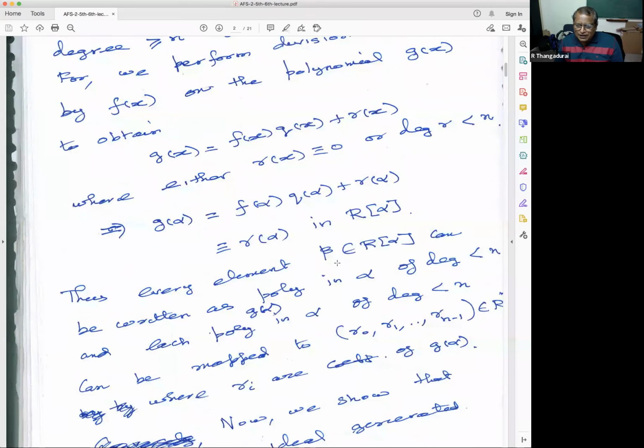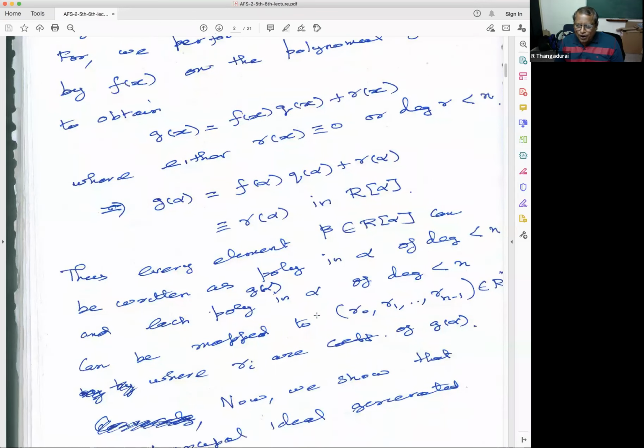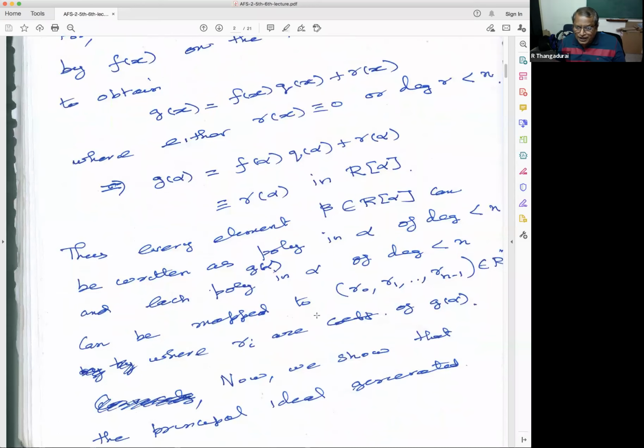Thus every element beta can be written as a polynomial in alpha of degree strictly less than n. Each such polynomial g(alpha) of degree strictly less than n can be mapped to (r0, r1, ..., r(n-1)), where these are the coefficients of g(x).